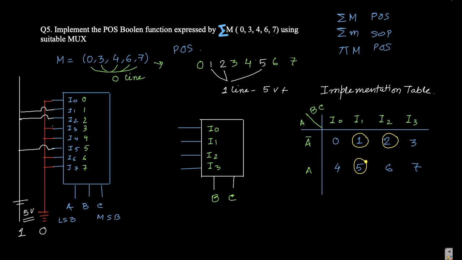So if you draw the line, these become, as no circle is there at A bar and A, as there is no selection, this becomes 0.